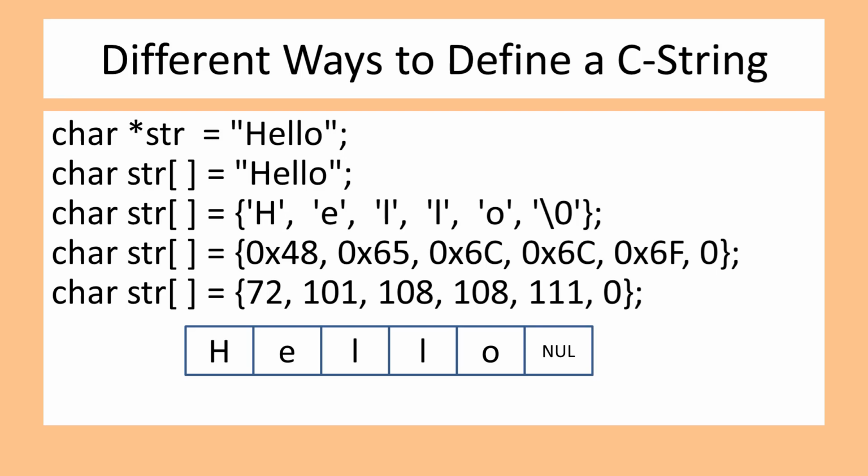I can also define a string using a collection of individual characters. So I could say character string open close square bracket equals open curly brace single quote H single quote comma, and then the rest of the letters.